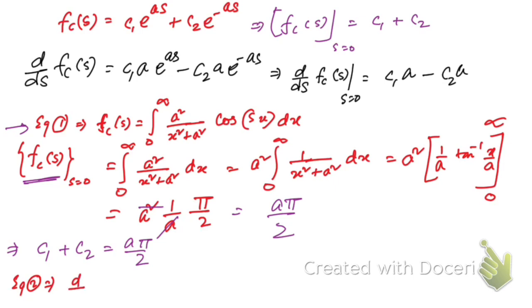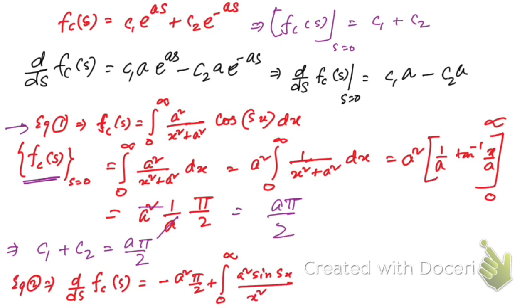We get d/ds of small fc of s is equal to minus a square pi by 2 times the integration from 0 to infinity. So here we should have a plus sign, a square sine sx by x square plus a square. That is what we had, right? Sorry, there should be an x.